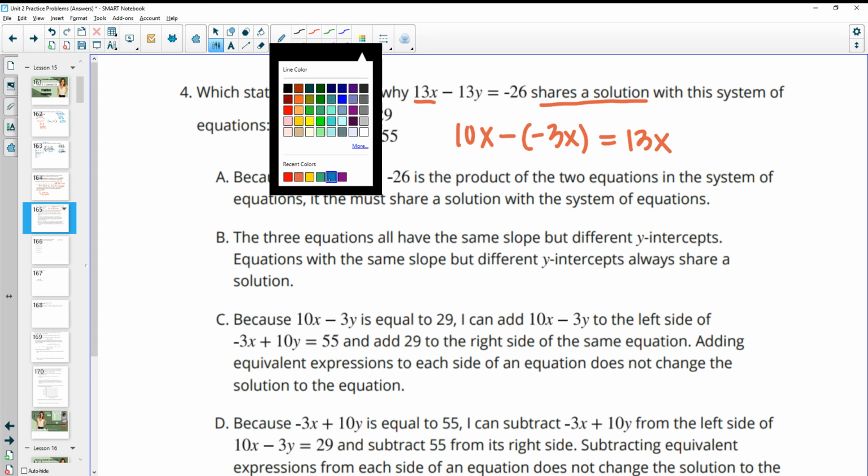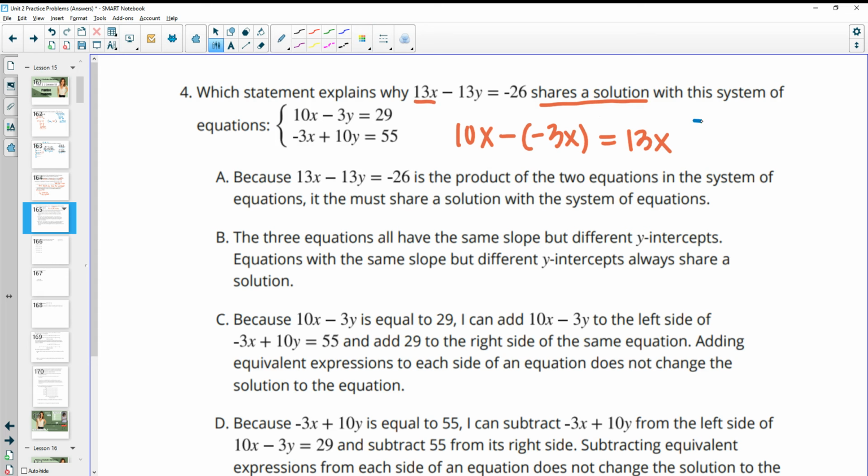And then we can look at the rest of it and see. So negative 3y minus 10y gives us negative 13y, which is what happened here. And then 29 minus 55 gives us that negative 26. So we subtracted these equations.